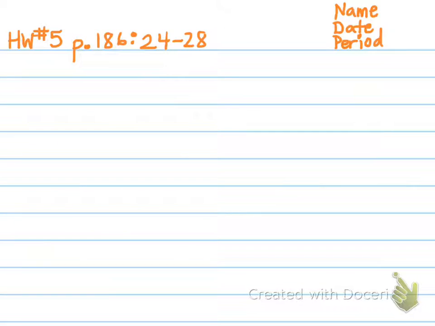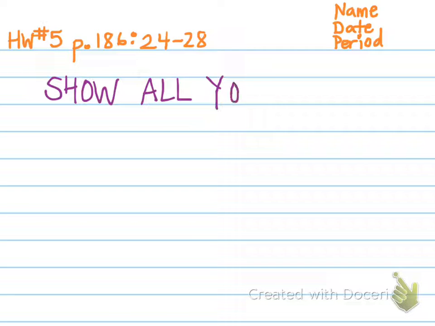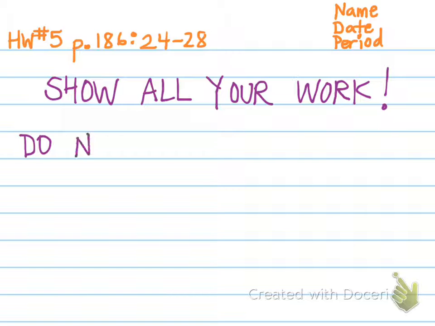So your homework is homework number 5. On page 186, you're going to do problems 24 through 28. Again, you need to show all your work. This is not a homework assignment to type. Do not try to type this. Hand write this out on a sheet of paper showing me all your work.